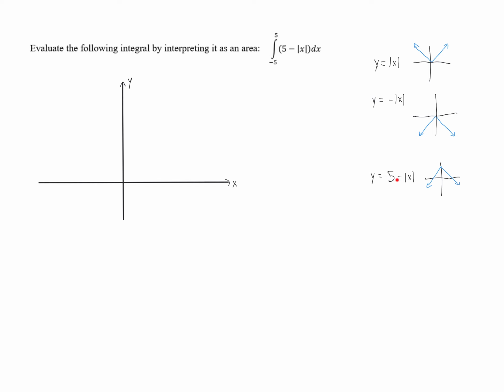And we said that it was shifted up 5 units. So that means that the vertex ends up being shifted up 5 units. And so I'm just going to decide that this is 5, and it's going to go down like that. And it's a 45-degree angle, so that's also going to be 5. And then on the left side, it's going down, and we're going to have -5 there.